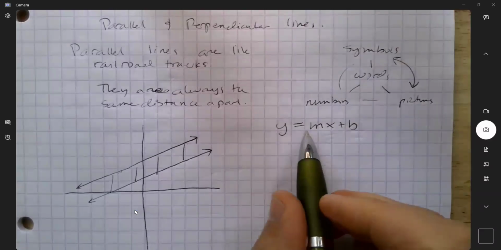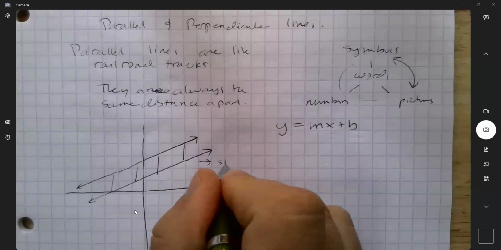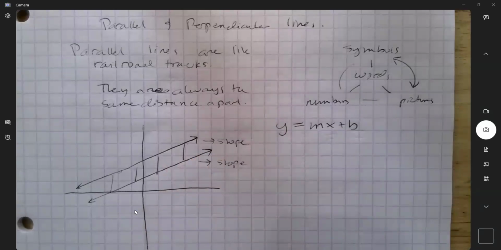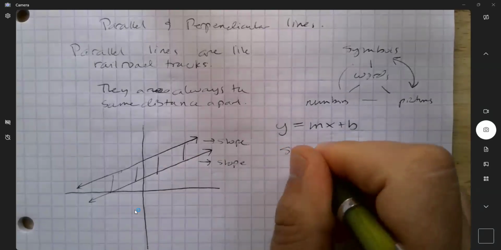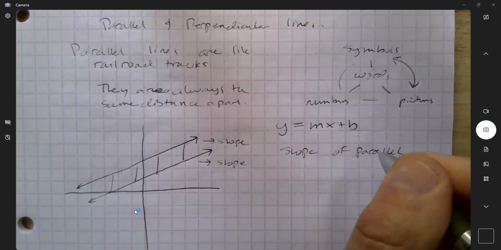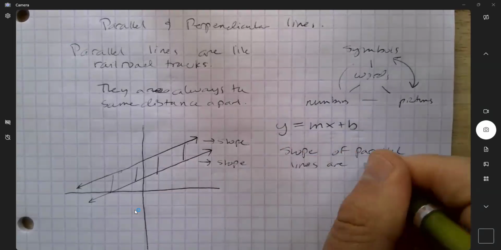Thinking about lines in slope-intercept form, what I would like you to notice is that the slope of each line is the exact same. So the slopes of parallel lines are equal.